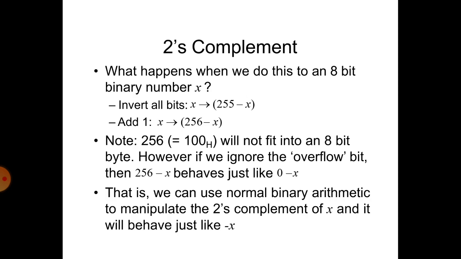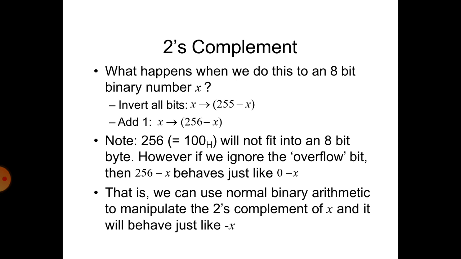So what happens when we do this to an 8-bit binary number? We invert all bits, so x becomes 255 minus x. Then add 1, which is equal to 256 minus x. Note 256 is equal to 100H, so it will not fit into an 8-bit byte.